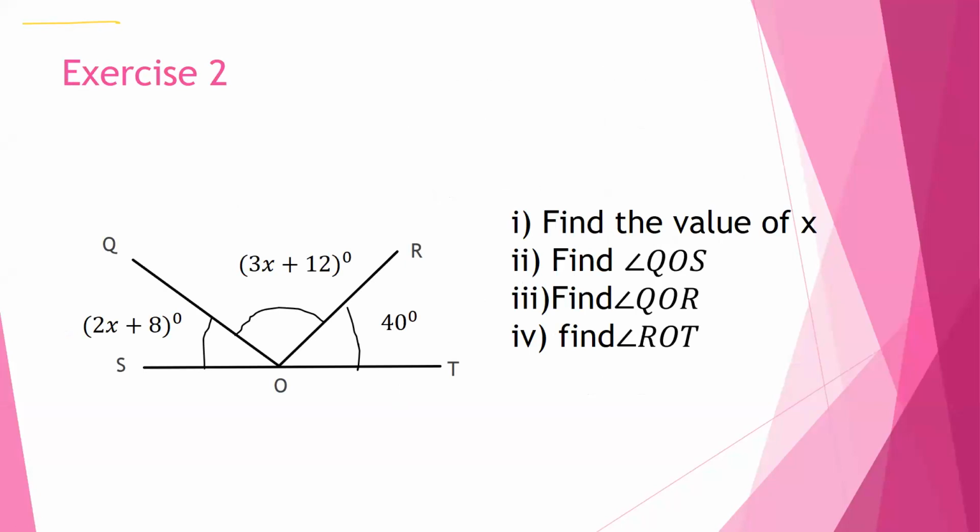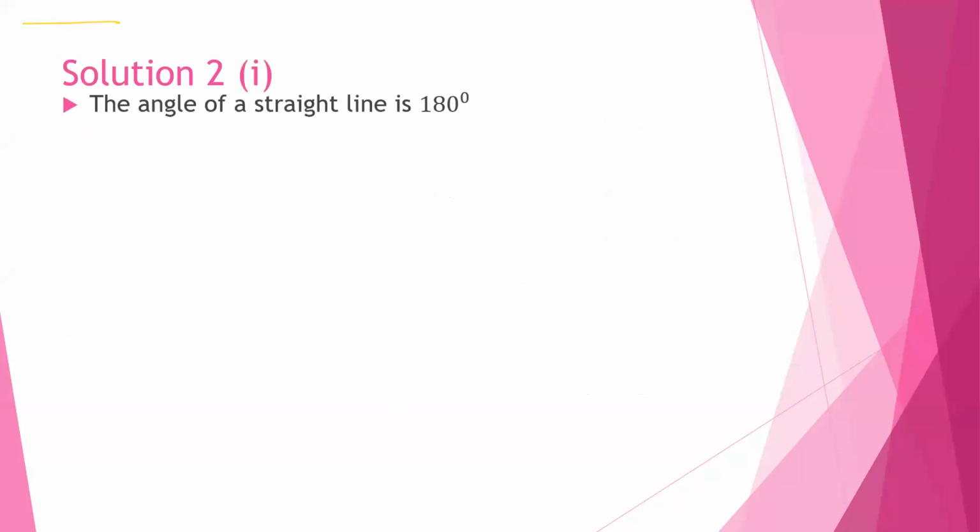I hope this one, you all got it right because this is one of the easiest for you. You first find your x. And then I told you that the angle of a straight line is 180 degrees. So what you need to do is that you add everything and then you equate it to what? 180 degrees.